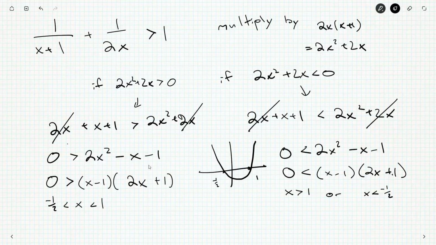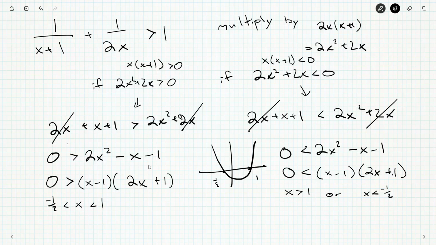Now, for which of these is 2x squared plus 2x greater than 0? So I guess just solve this. x times x plus 1 needs to be greater than 0.